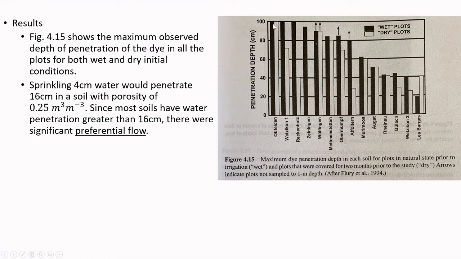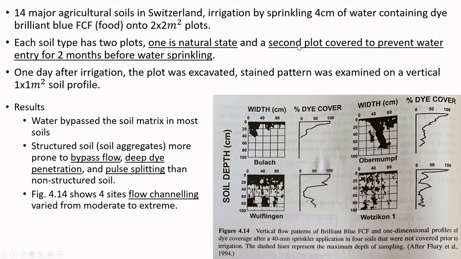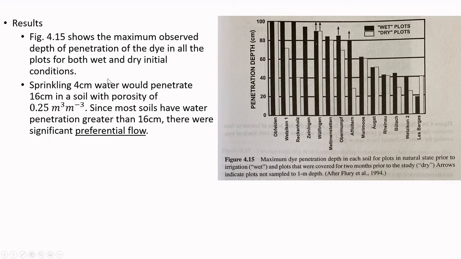The wet one, the completely black bar, is natural, and the white bar is covered to prevent water entry for more than 2 months before water sprinkling. This figure shows the maximum observed depth of penetration of the dye in all plots for both wet and dry initial conditions.